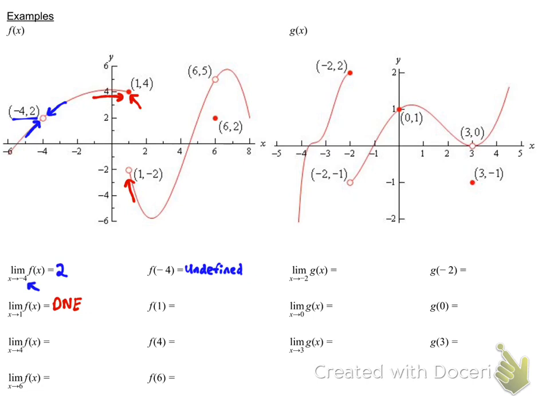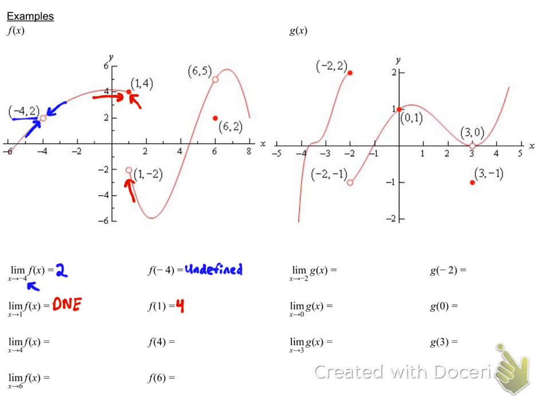So the output, when you plug in 1, is 4. So the function does exist even if the limit doesn't. And notice for these first two, you can have situations where the limit exists but the function doesn't, and you can have situations where the limit doesn't exist and the function does have a value at that point. Those are different situations.